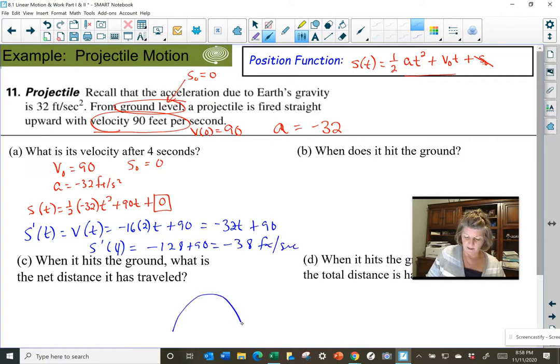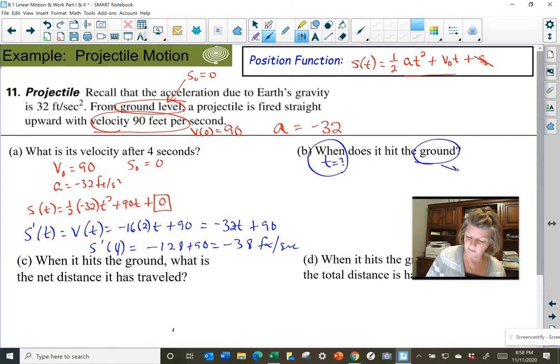Since the velocity is negative, this would be in the downhill part of the parabola. When does it hit the ground? Well, when is a time question, isn't it? So I'm looking for t equals something. When does it hit the ground?